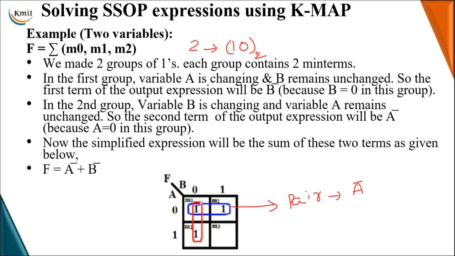For m0 the b value is 0, and for m1 the b value is 1, which is different. So the different variables are dropped, and only the common variables are present in the product term of pair 1.